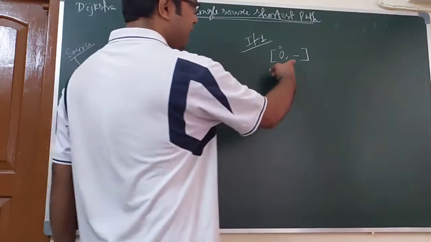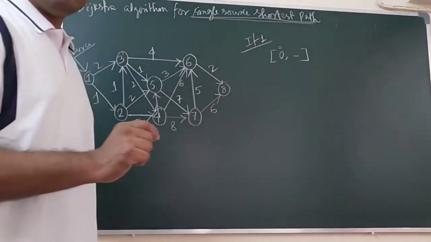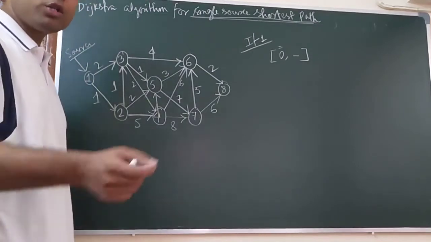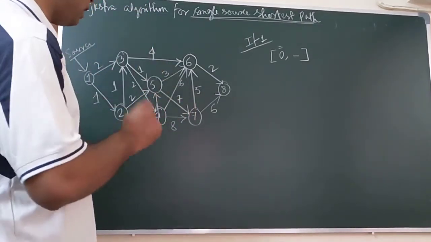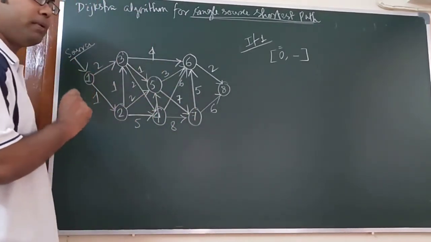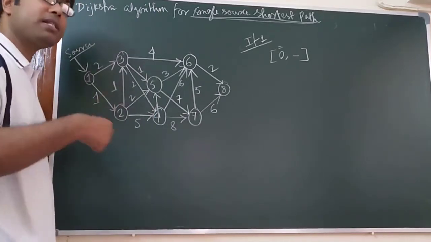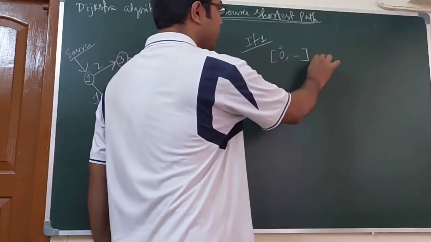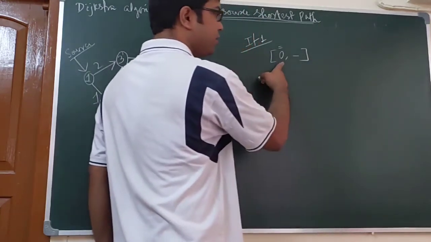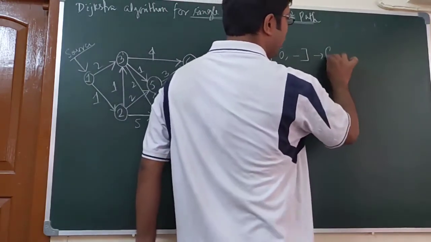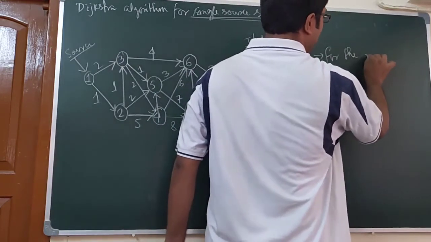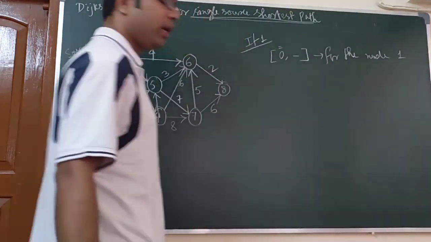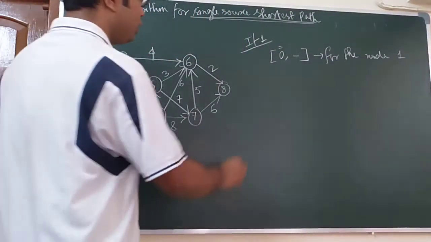The second parameter is null, because the immediate predecessor of the destination vertex is itself. So in iteration 1, the level is 0, null for node 1.